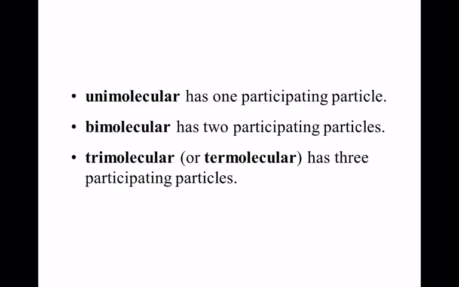Termolecular, or trimolecular, is not very common, and I'll try to say why. Here we have three particles, not very likely. I emphasize that later on in my notes. A termolecular elementary step has three particles, which could all be the same type of particle, that literally have to find each other and proceed from reactants to products.